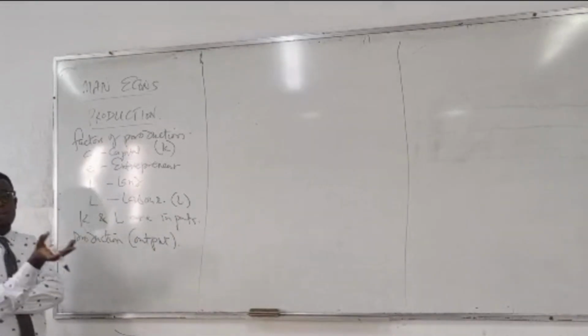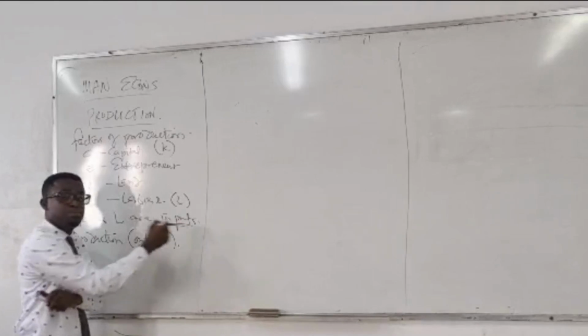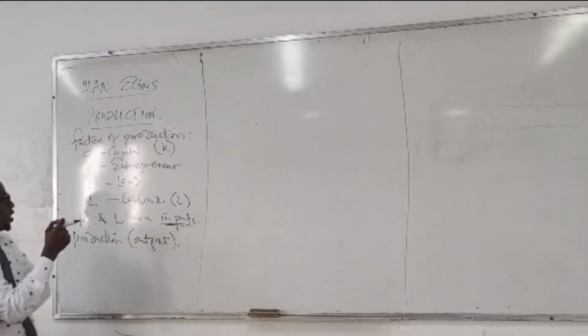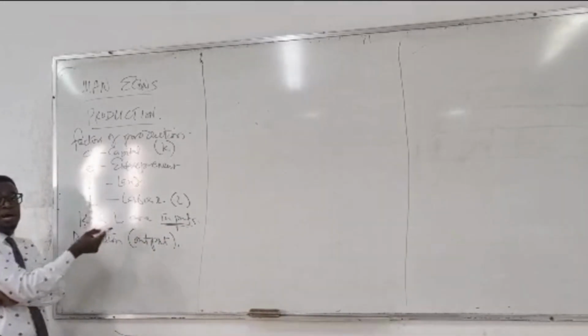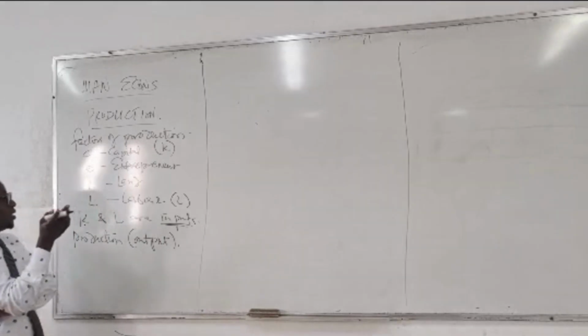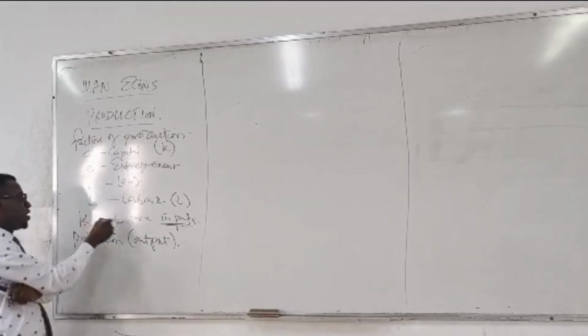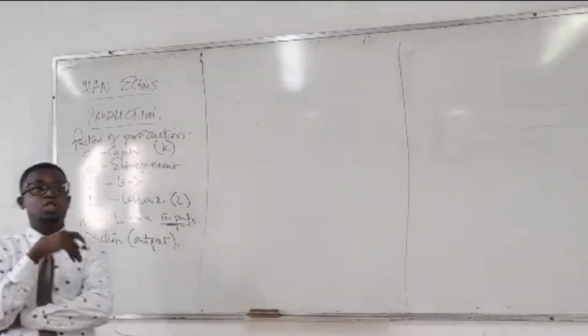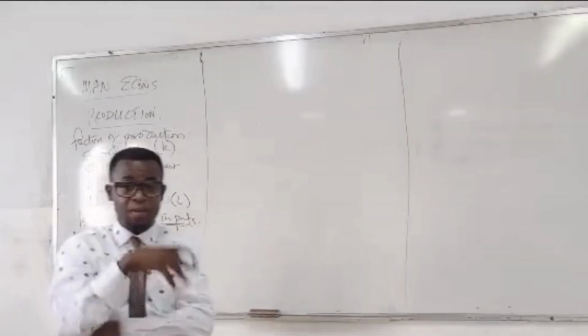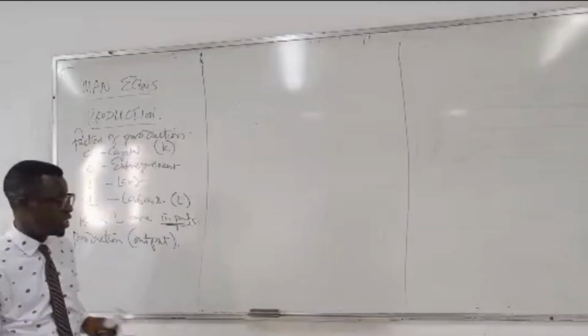What will be the outcome after we have our inputs in place? That's the output. So the input factors are capital and labor basically. We're going to use this to solve several questions in a production function situation.